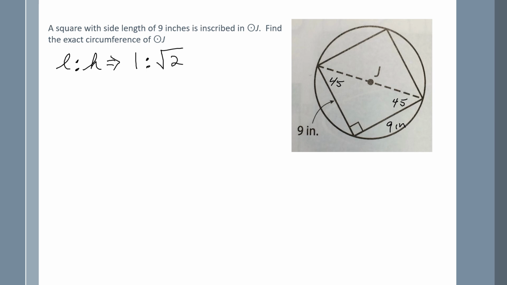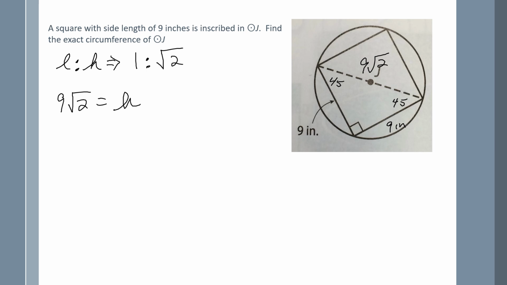In this case, this hypotenuse is a diameter of this circle. So 9 is the leg times the square root of 2, and that's equal to the hypotenuse. So this whole distance across is 9 square root of 2.